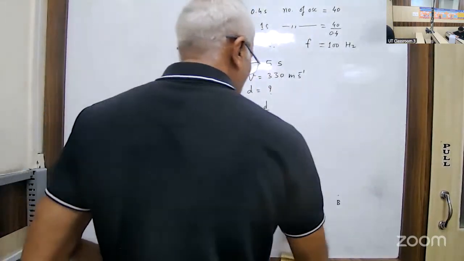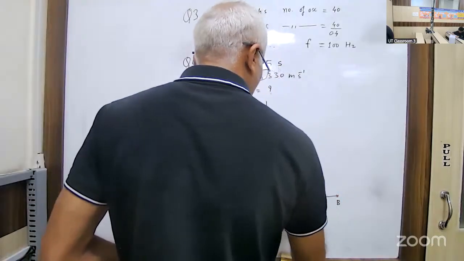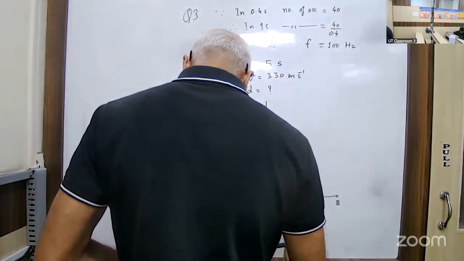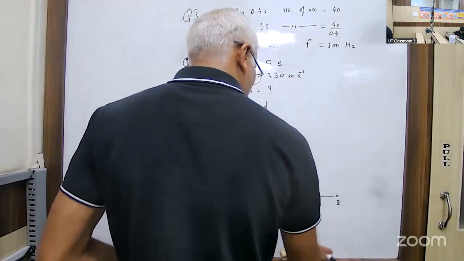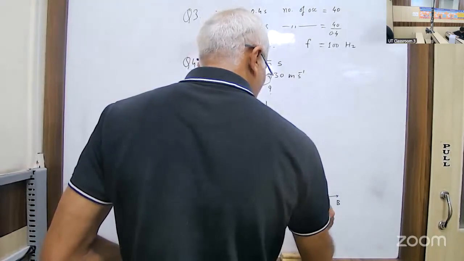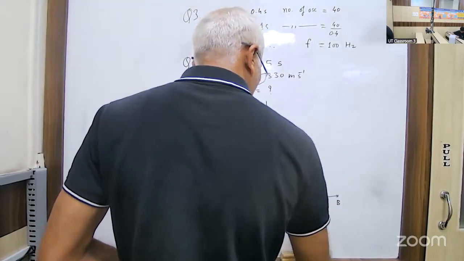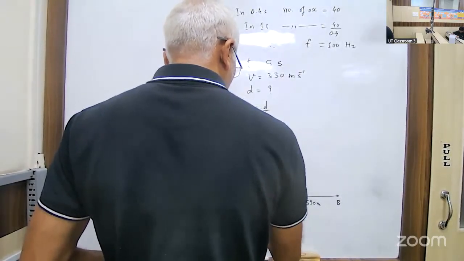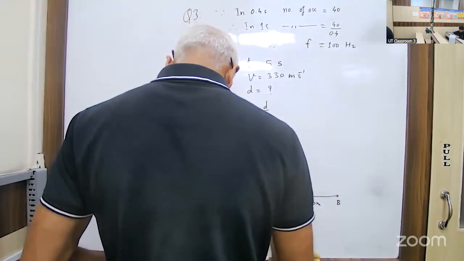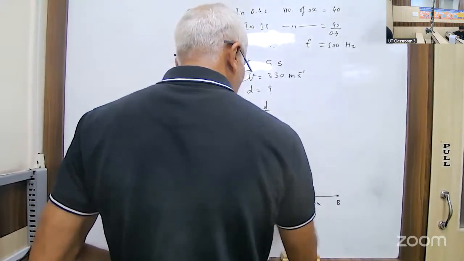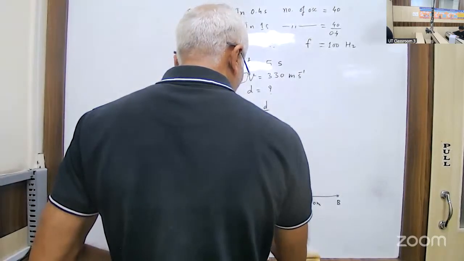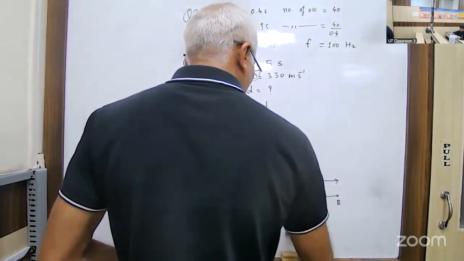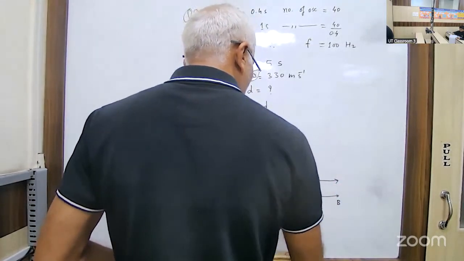Okay. So what is the distance between A and B? These are two tanks separated. What is the distance of separation? 510. Okay. So he hears two sounds, T1 after 2 seconds, and T2 is equal to 3.5.